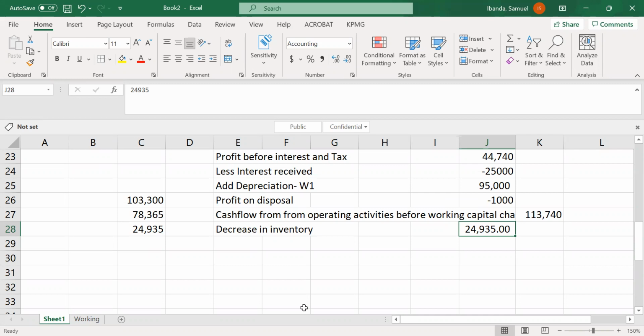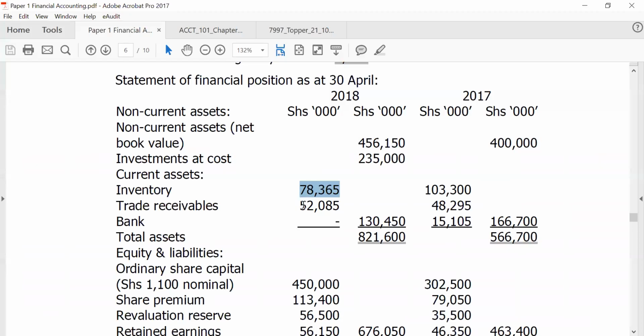So I'm going to go back and look at other items of my working capital. I'm now going to look at my trade receivables. As we can see, our trade receivables increased from 48 to 52. Now, receivables are the people that you demand.